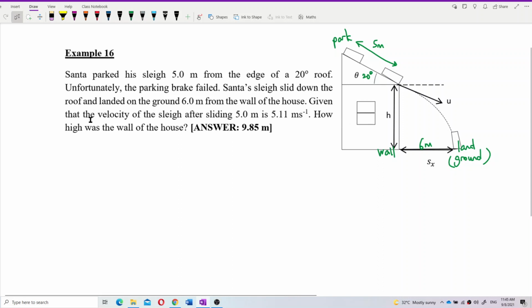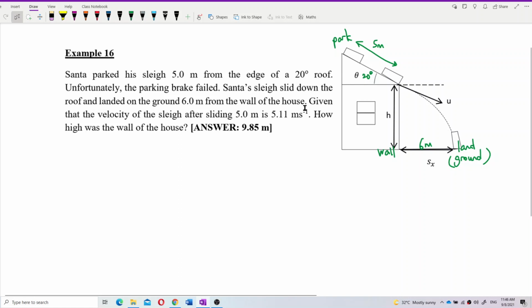Given that the velocity of the sled after sliding 5 meters is 5.11 meters per second. So that means this sled fell down 5 meters, and the velocity after sliding 5 meters means the velocity at the edge of the roof.